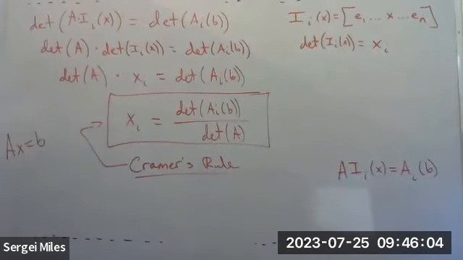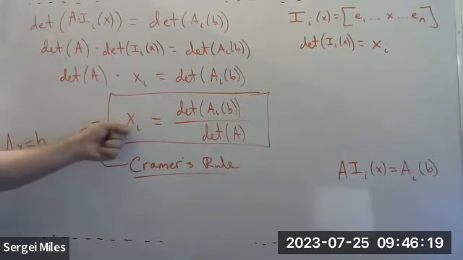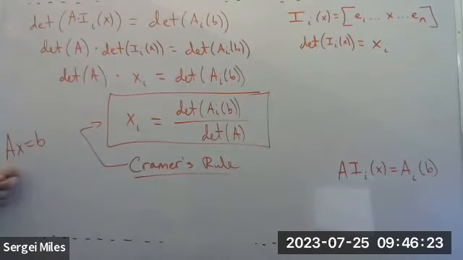So this is why from the very beginning we said this formula we're about to create is only going to work when the matrix is invertible. If the matrix is invertible, then great. We can use this formula to find every single entry of x, and then we can find the solution to the matrix equation via this property.